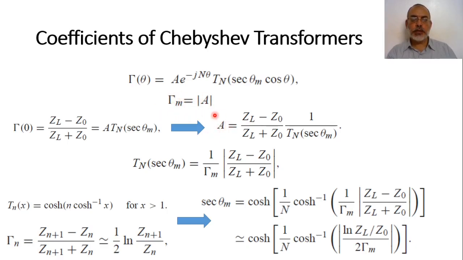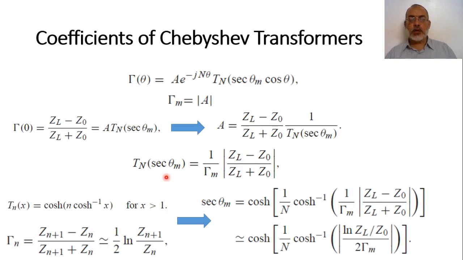So we can replace this by the magnitude of the maximum allowable reflection coefficient. In other words, the Chebyshev polynomial of order n of sec theta maximum equals 1 over gamma m multiplied by the magnitude of z load minus z naught over z load plus z naught. In general, this value would be greater than unity.